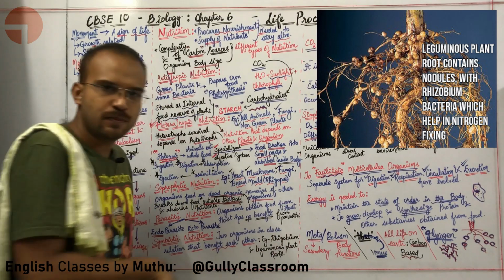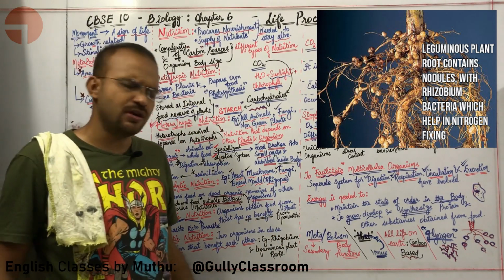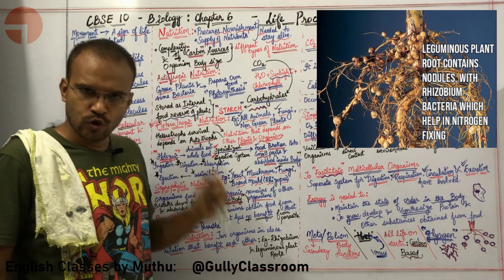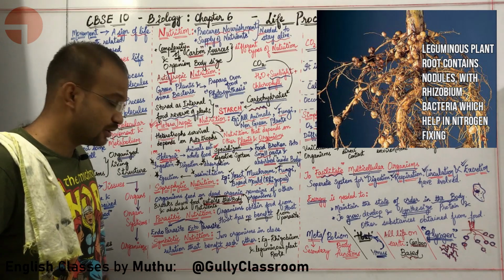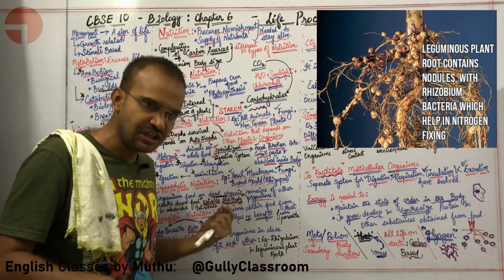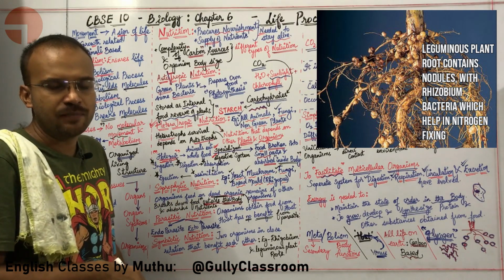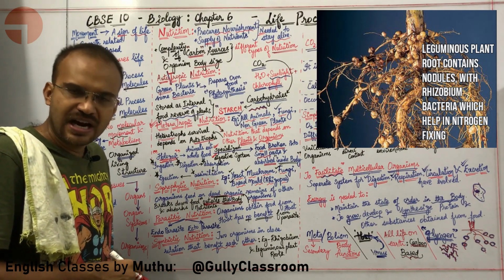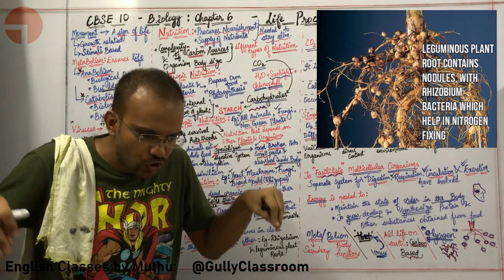Rhizobium and leguminous plants. The Rhizobium bacteria needs a place to stay. The root nodules of leguminous plants are ideal as a home for Rhizobium bacteria. The Rhizobium bacteria captures the nitrogen from the air and puts it in the soil.